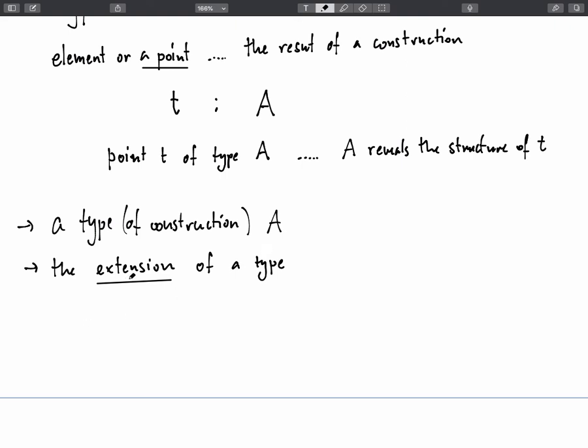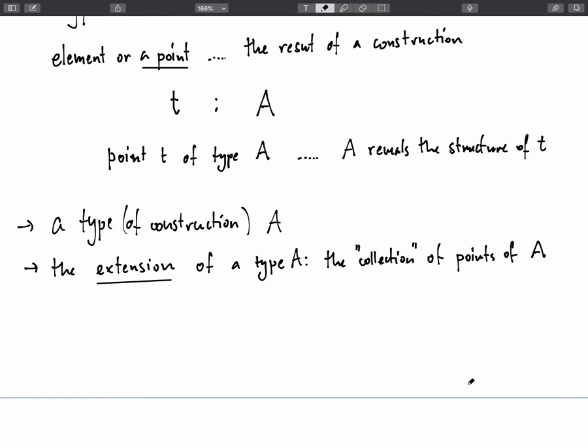The extension of a type, you can think of this as the collection, and I'm going to put collection in quotes here because it's meant informally, the collection of points of the type. It is important that we emphasize here that we are not saying that a type is a collection of anything.